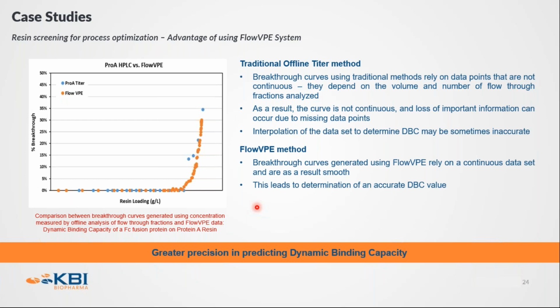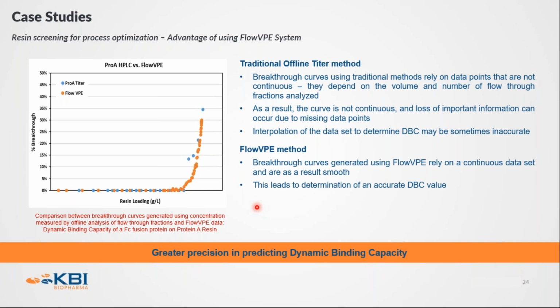Like I mentioned earlier in my presentation, determining DBC for a pure protein stream is really not a problem, because we can get accurate UV readings of the effluent. It is just that when we are using the clarified harvest, because there are so many impurities in the form of host cell proteins and DNA, we are not able to get correct UV absorbance for the target protein. But in the pure streams, that is really not a problem.